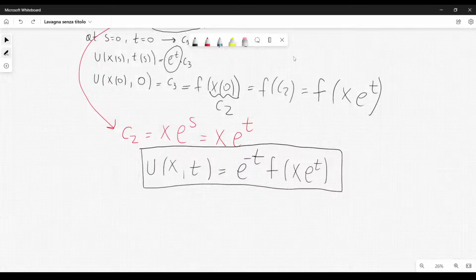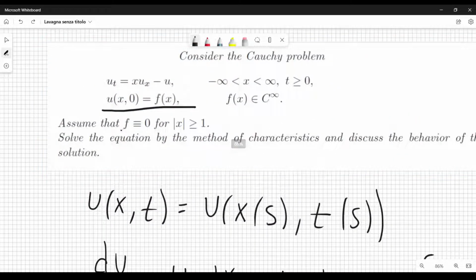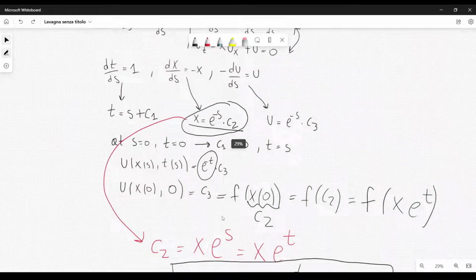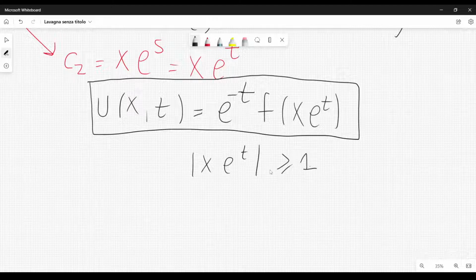Also remember that the function f, not u, is equal to 0 for the magnitude of x greater than or equal to 1, which means that we should consider the magnitude of x e to the t greater than or equal to 1. This will imply that u will be equal to 0, because f is 0. So we can also rewrite this, for example, as mod x greater than or equal to e to the minus t. And that's it for this problem.